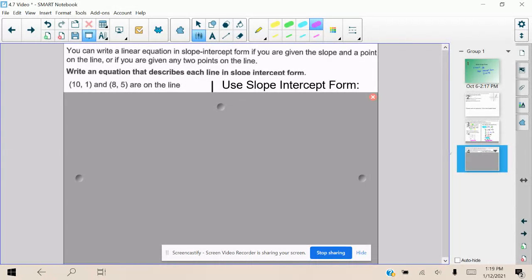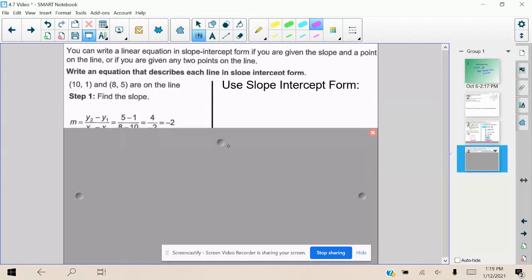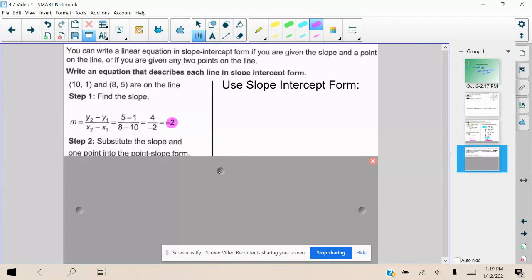We know we can calculate the slope between those 2 points, and we get that our slope is equal to negative 2. Now with that, we're going to substitute the slope and 1 point into point slope form. It doesn't matter which point you use.